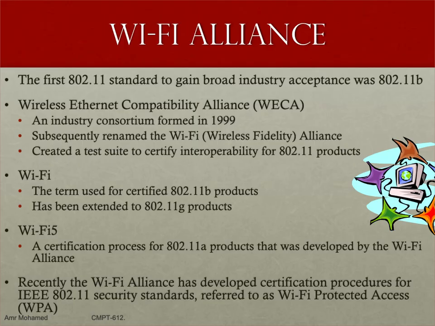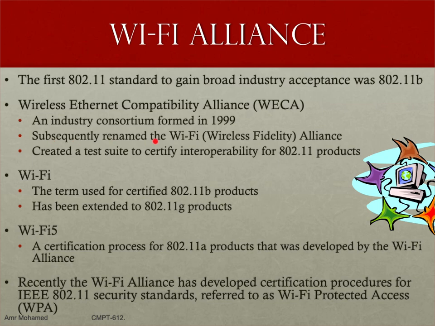Now, the Wi-Fi Alliance. At first, what was it called? The Wireless Ethernet Compatibility Alliance. After the 90s they started to form a group, the Wireless Ethernet Compatibility Alliance. They called it a compatibility alliance because they were very concerned about compatibility with the standards. So they formed this group to check the compliance of all the products with the standards of 802.11 specifically.